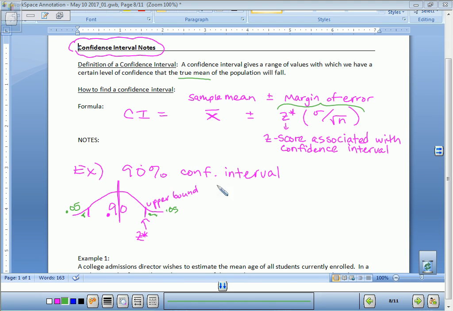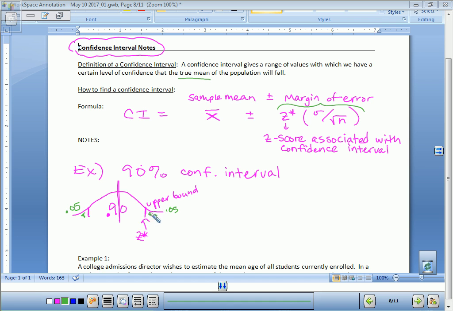To find the z star, if we had a 90% confidence interval, we want the mean right in here. And that gives us a 0.90 probability right here that it's in there. So that leaves 0.05 at this end and 0.05 at that end, because 1 minus 0.9 gives those symmetric tails an area of 0.05.